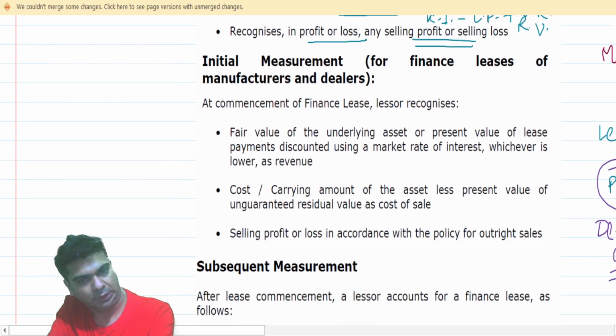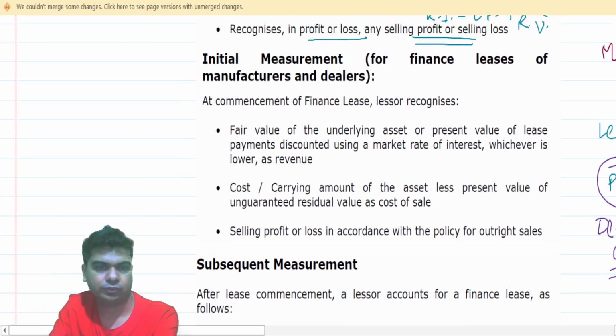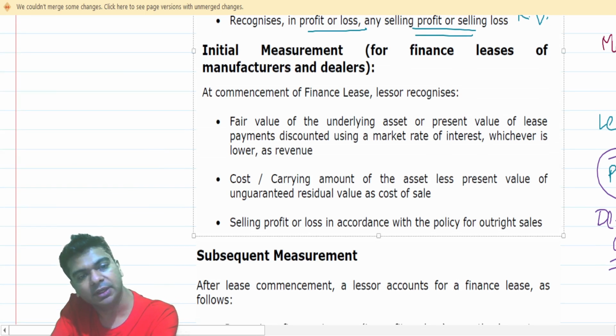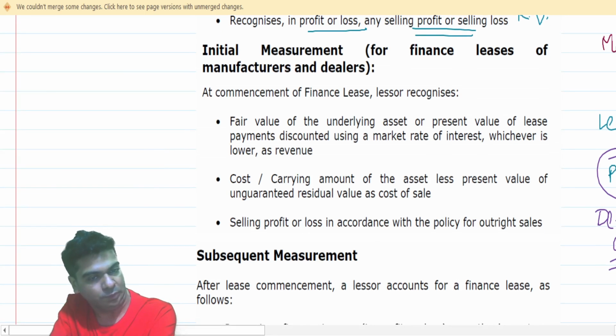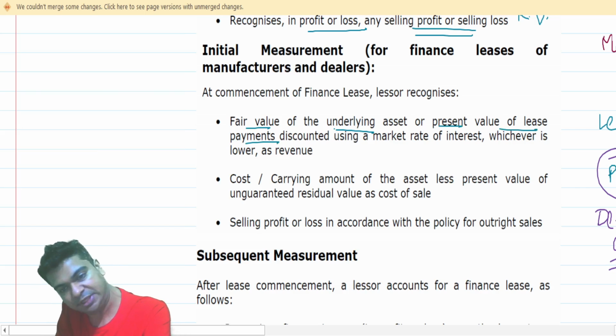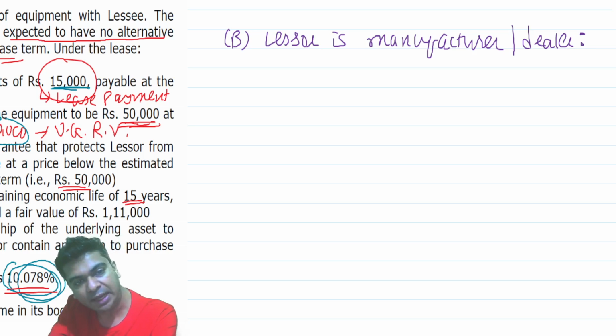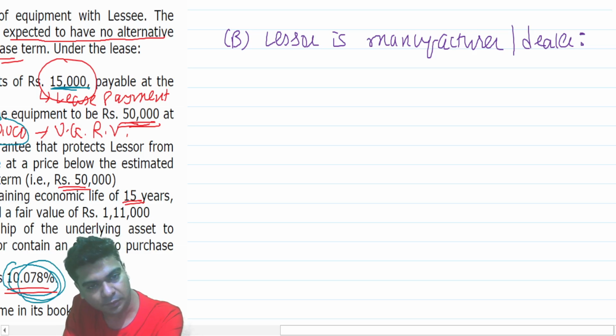Here it is. Initial measurement for finance leases of manufacturers or dealers. What should we do? They are saying fair value of the underlying asset or present value of lease payments discounted using a market rate of interest, whichever is lower is revenue. So we have to recognize revenue over here.